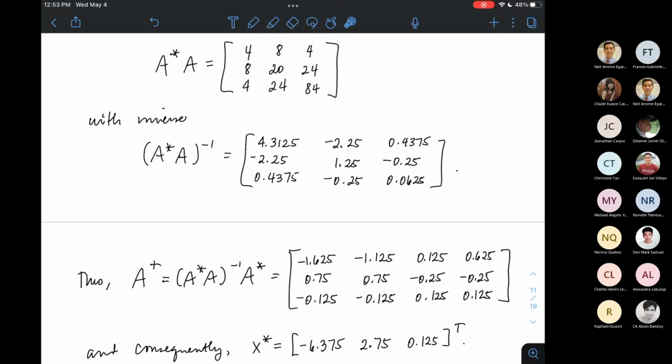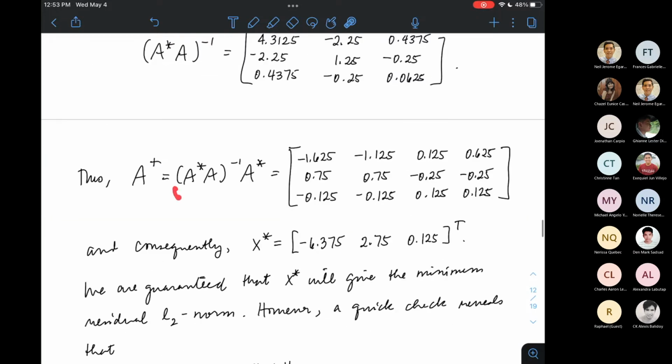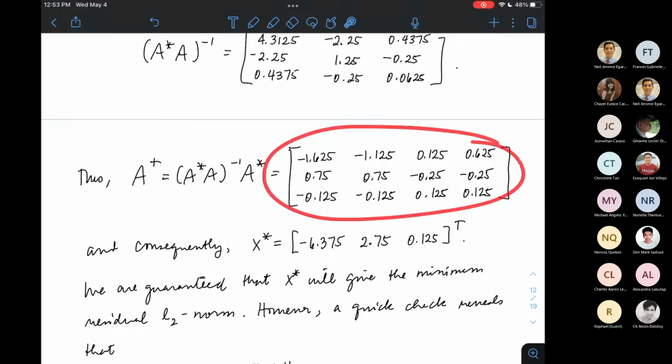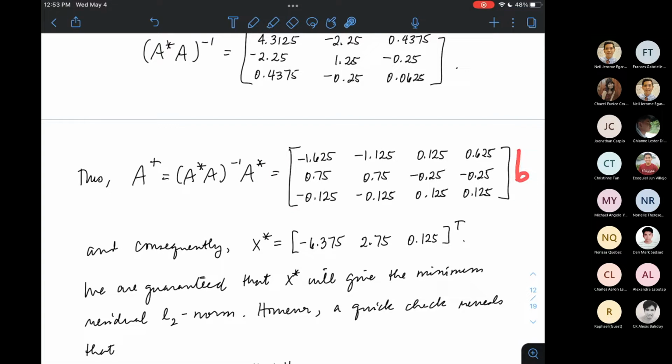So, ibig sabihin, pwede kong computein si A pseudo-inverse using this formula. And if I do so, I'll get this matrix as the pseudo-inverse. And if I multiply this by B, I'll get this as my X star. And we are guaranteed that this X star is the best thing that we can get next to a solution with respect to the L2 norm of the residual. Ito na yung pinakamagandang pwede nating magawa with respect to the Euclidean norm.